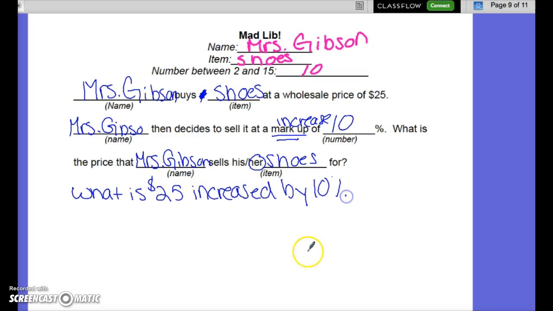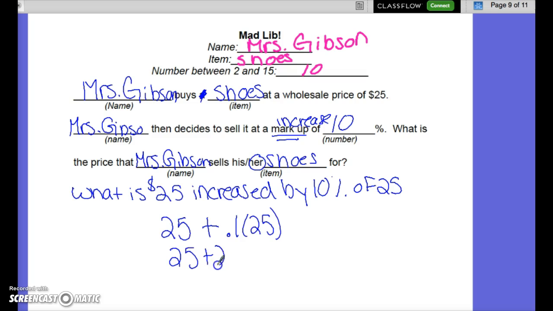Or remember we talked about earlier, 10% of 25. So I'm going to be adding 0.10 times 25. So I would do 25 plus 2.5, and I'm going to sell my shoes for $27.50.